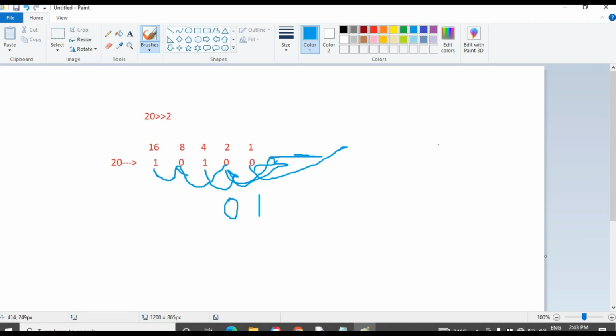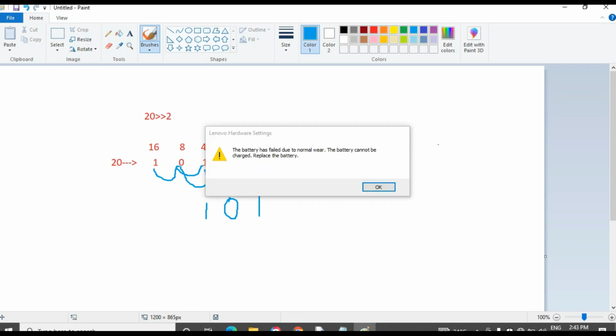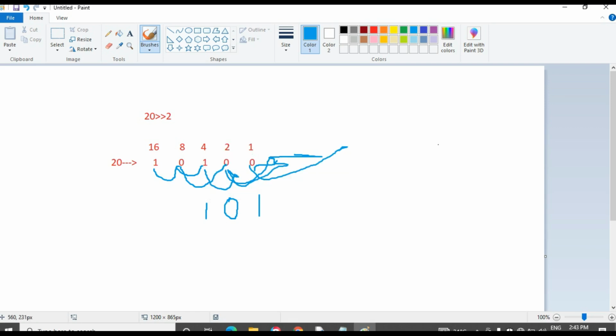Then for the 16, the 8 is the first position and the 4 is the second position. So the 1 will come at the fourth position. For the remaining values, if the first position element contains a 1, it will move out to the right side, so we can't take the value for that element.